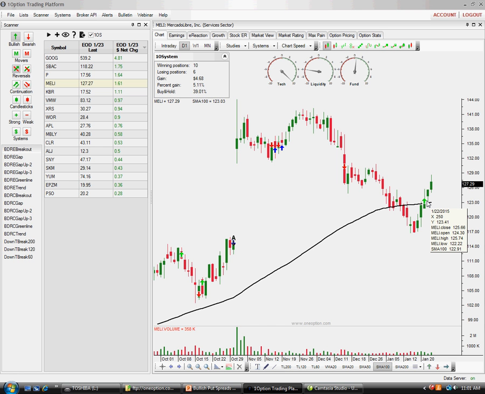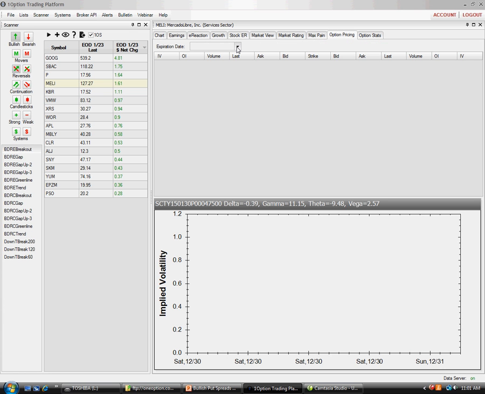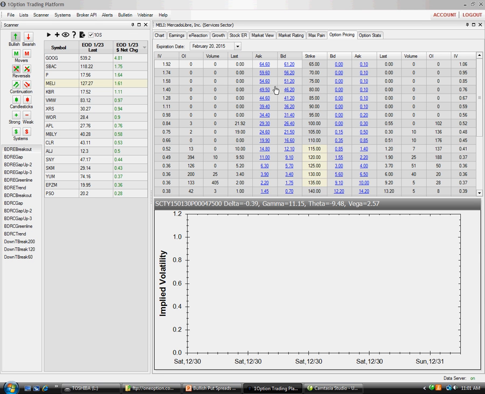So I do like an awful lot about this. And at this juncture, I would probably, you've got support at 123. If you did a 120, 115 put spread, let's take a look at it real quick and see if we've got our prices that we need. Again, I don't know when earnings are.